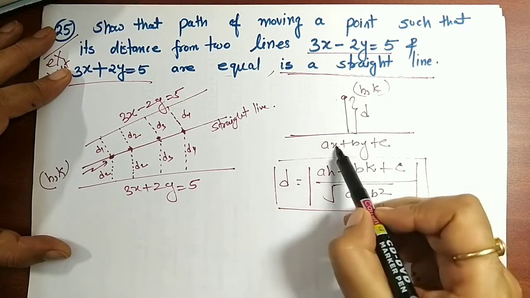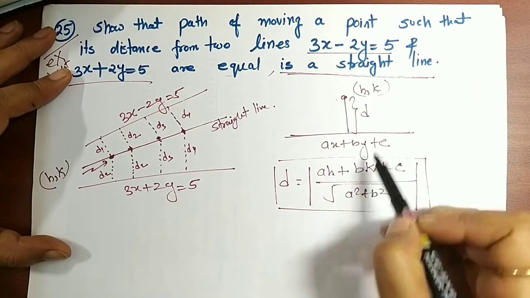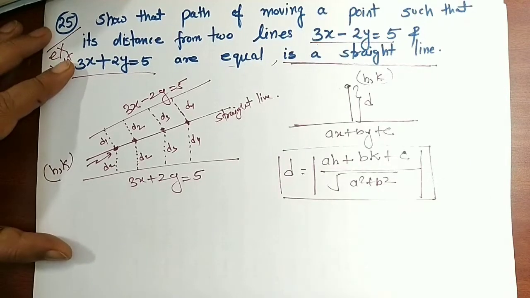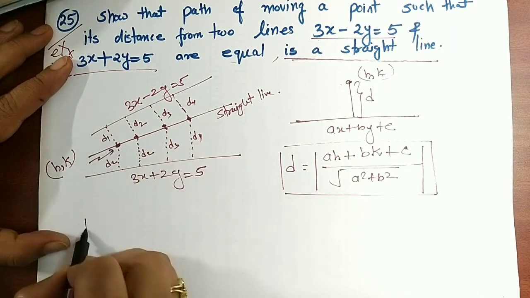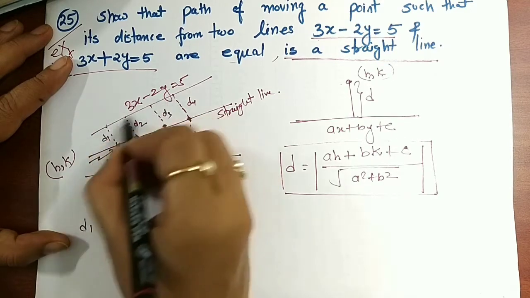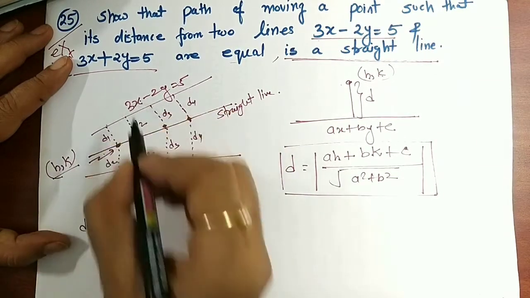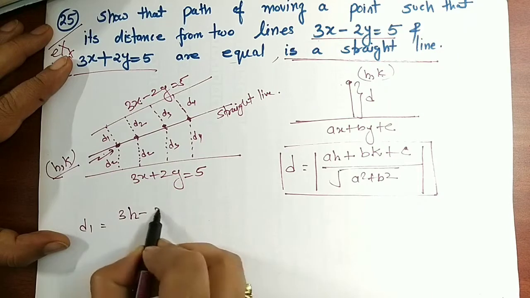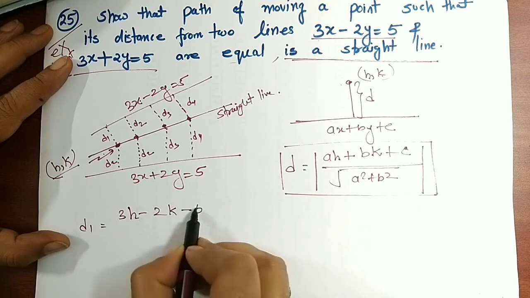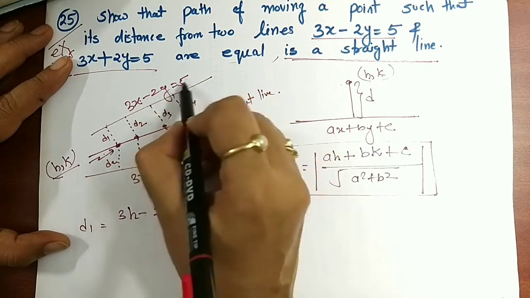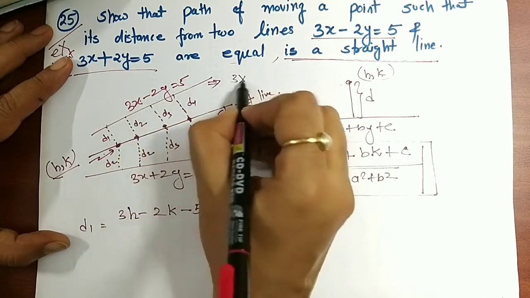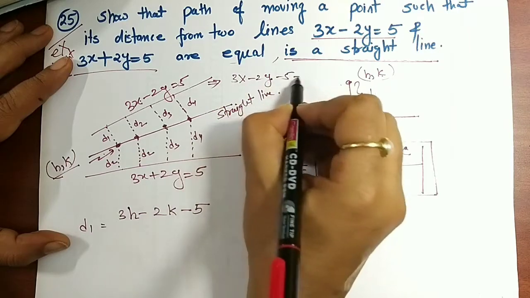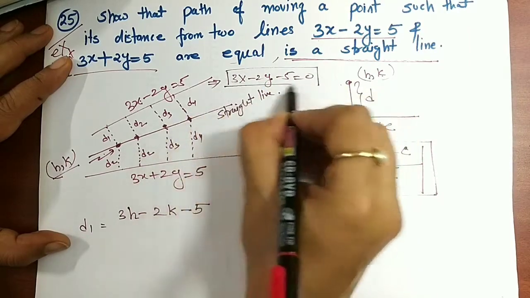Okay, instead of x I am putting h, instead of y I am putting k. So I will use it here. So what is this distance, say d1 from this line? I will just put hk in this. So it will be |3h minus 2k minus 5|. This line I have to write in this way, 3x minus 2y minus 5 is 0, because I need this standard form.